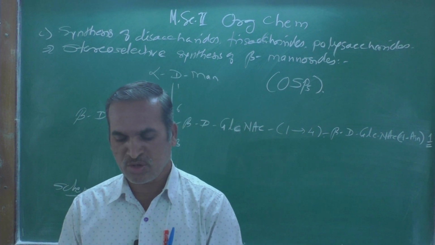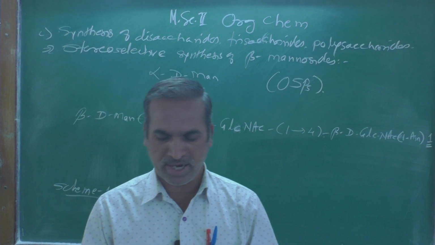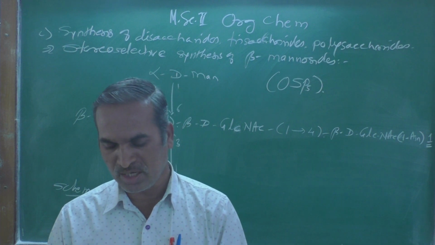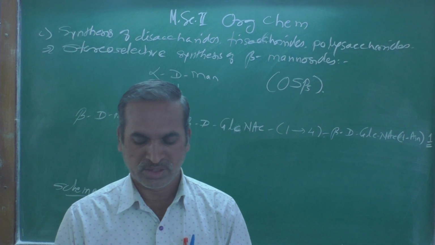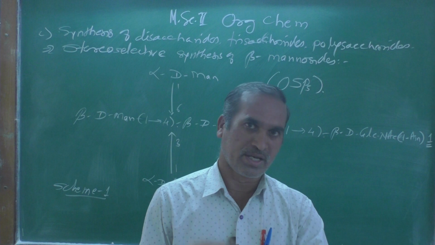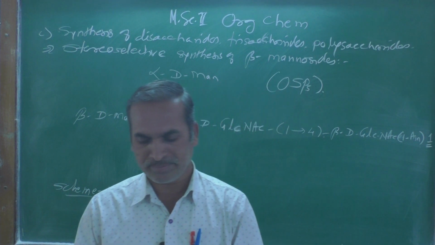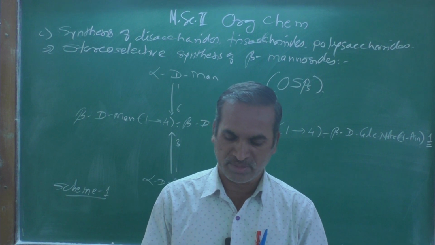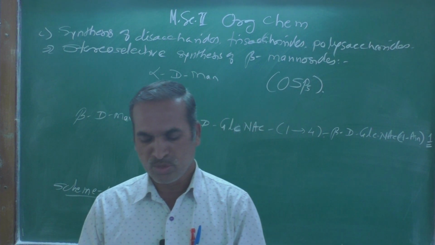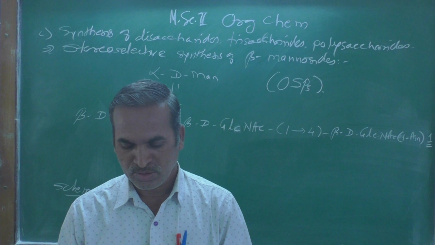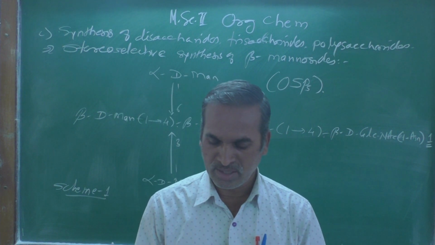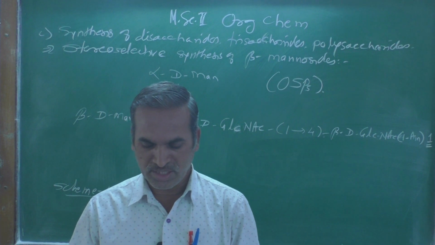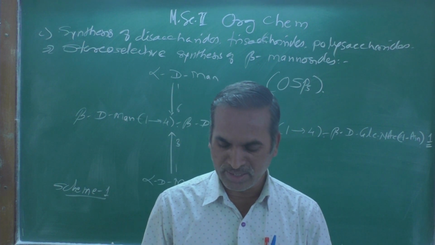The synthesis of complex oligosaccharides containing these units is still a challenge for two reasons. Reason number one, listen carefully. First, the anomeric effect facilitates the formation of the 1,2-trans mannopyranosyl alpha linkage. Thus, it disfavors the beta linkage.